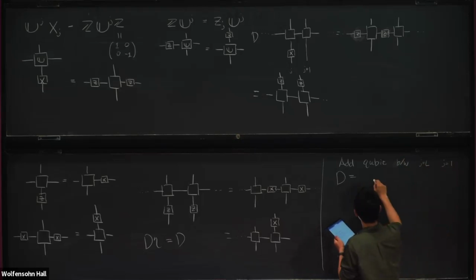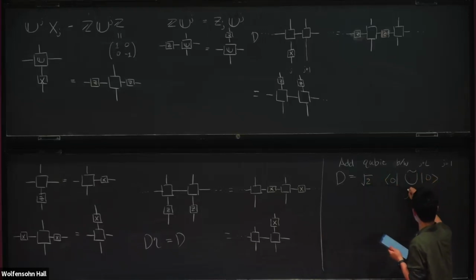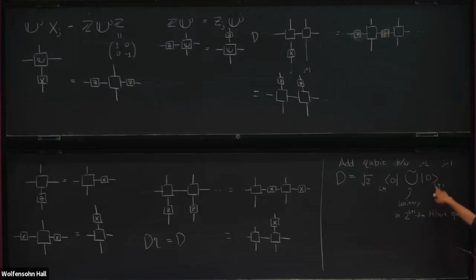And then you can represent this operator with some factor of root 2 as a unitary operator on a 2 to the L plus 1 dimensional Hilbert space. And then you do a projection on the extra qubit you add to the game.